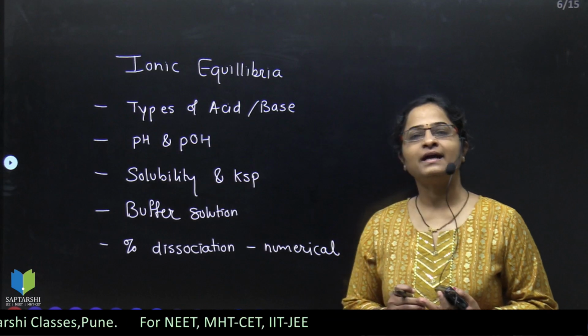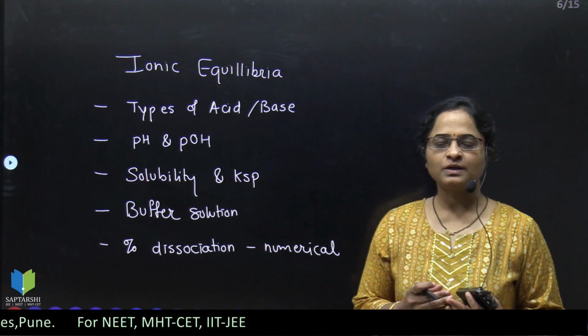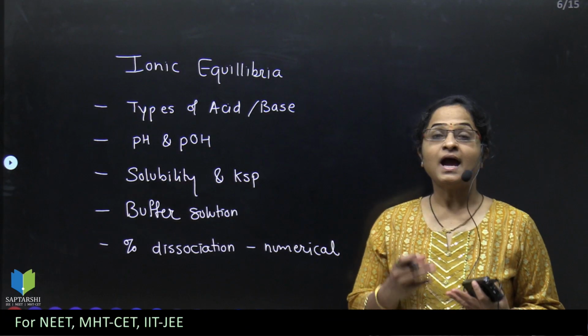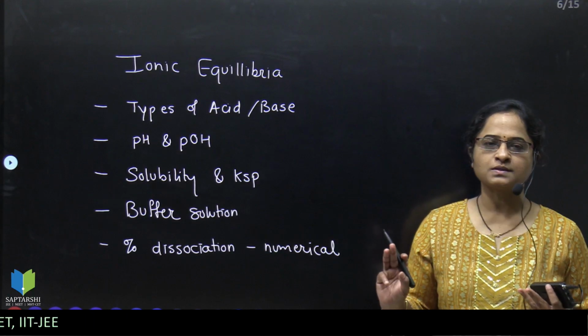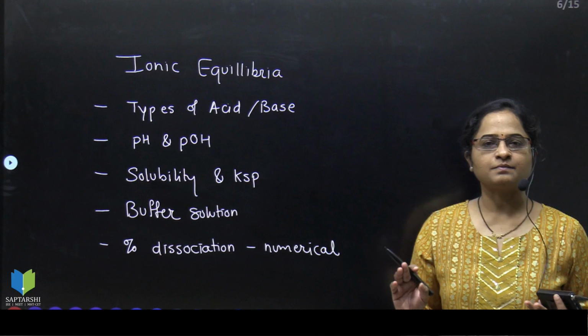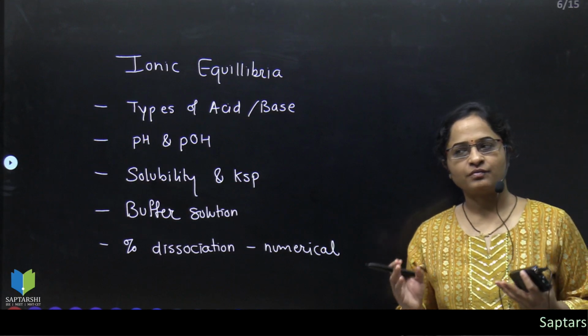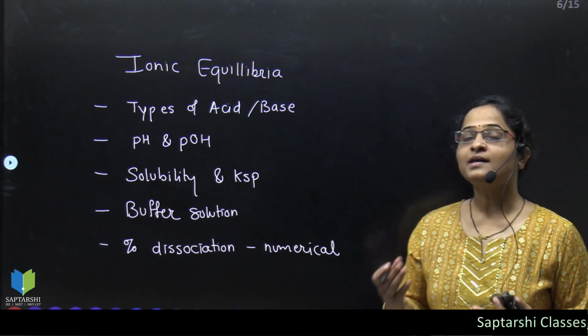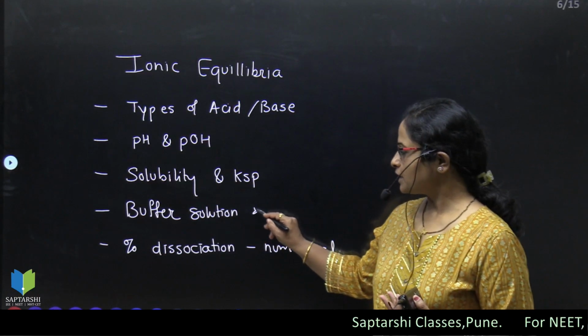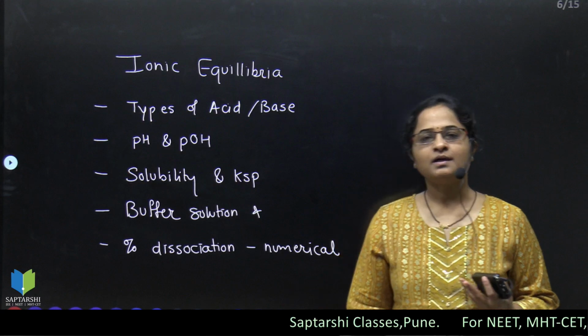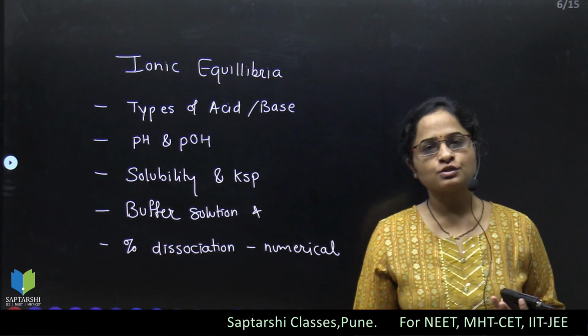Then solubility and Ksp. Define solubility, define Ksp, and you all know that there are three different types of solutions: saturated, unsaturated, supersaturated. After that comes buffer solution in this chapter: define buffer, applications of buffer.